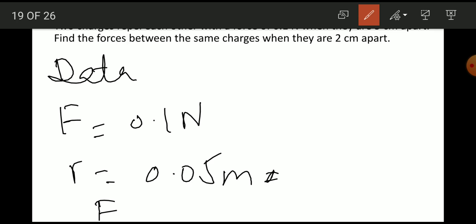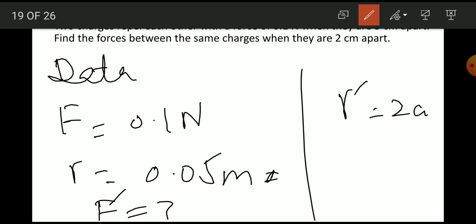Find the force between the same charges when they are 2 centimeters apart. Force prime, and distance R prime is 2 centimeters, 0.02 meter.